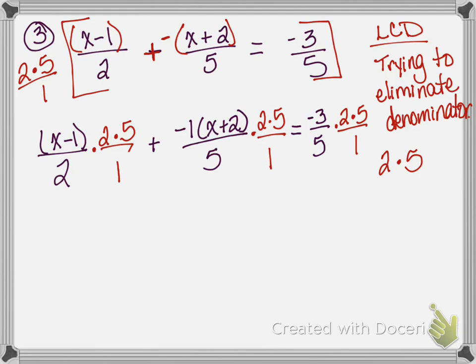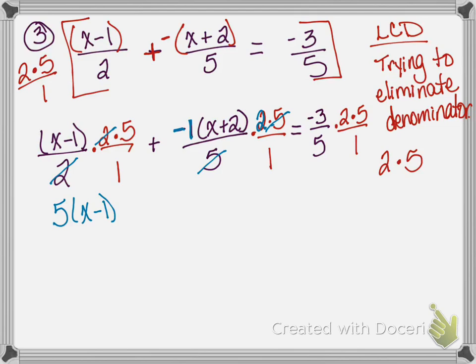Okay, now our goal, what we want to see happen is we want to see those denominators eliminated. Okay, we want to clear them out. So first rational, I've got 2 that I can clear out. Then I have 5 times x minus 1. Okay, my second, I've got 5 and 5 that cancels. Now, I want you to look at this negative 1, and I want you to look at this positive 2.